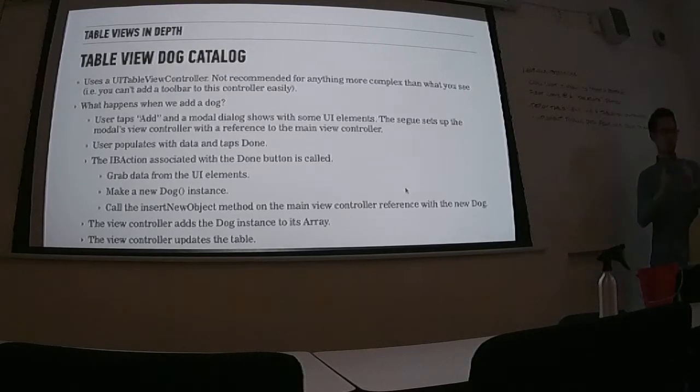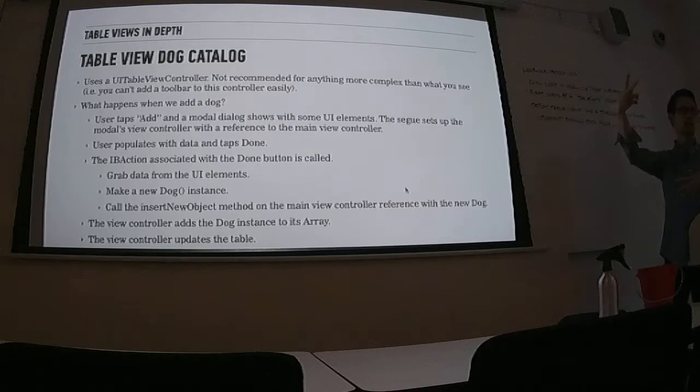The user types data into that text field and taps done. Then the IB action associated with the done button is called. That's a function that does a series of steps to take that piece of raw data and turn it into data that our app can hold onto and display in the table view.